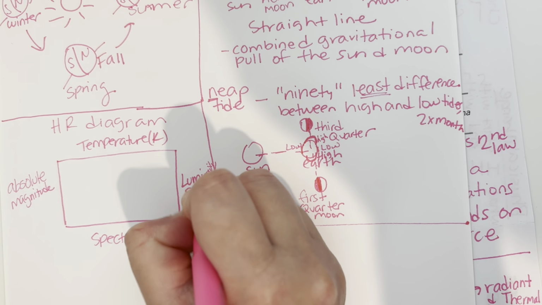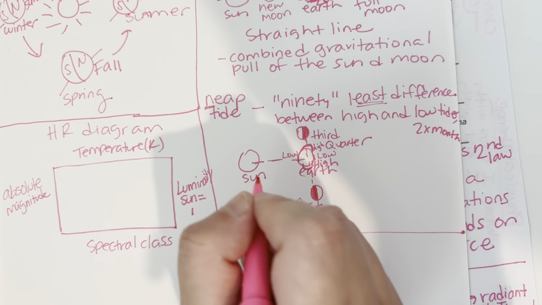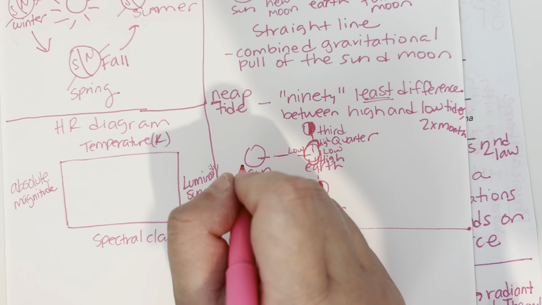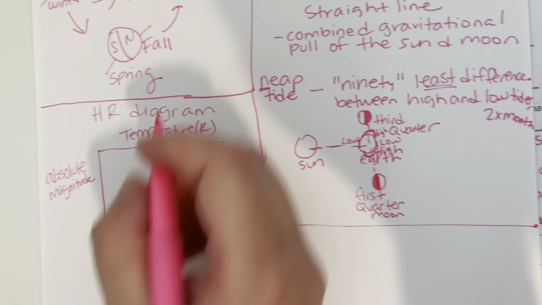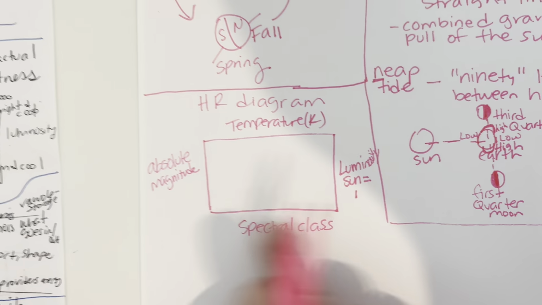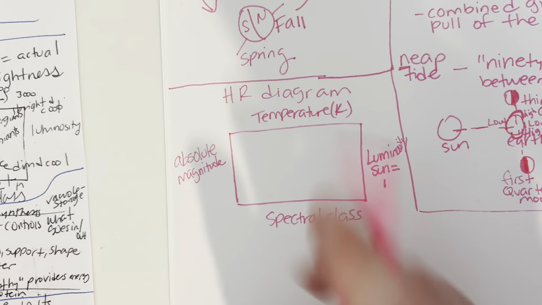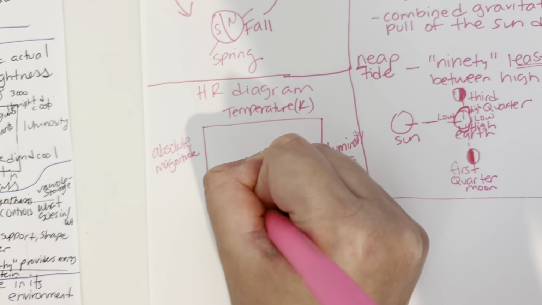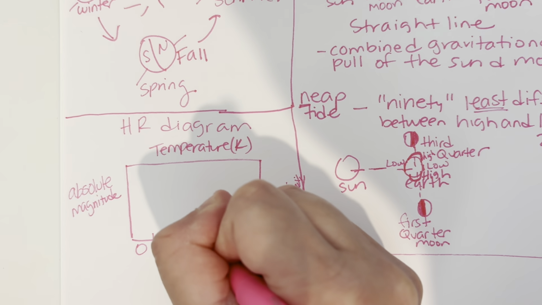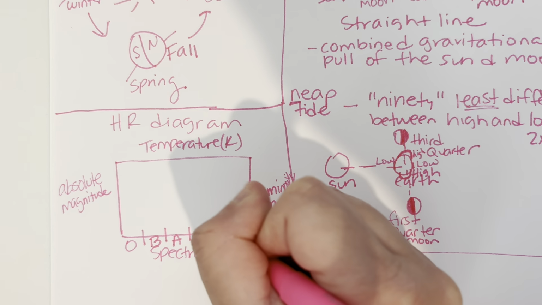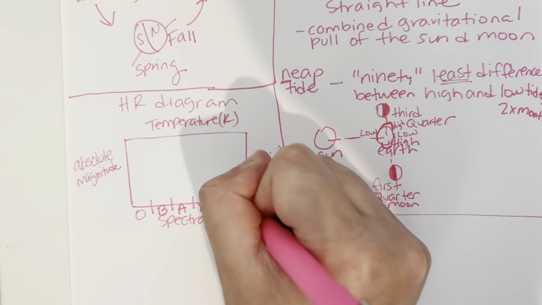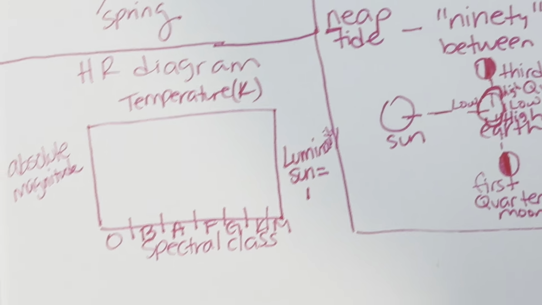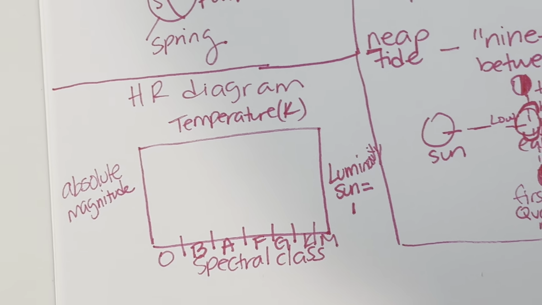And then the sun has a luminosity of 1. Now, for spectral class, it is going to be letters, right? So I'm going to write them here. You do not have to write these letters down. You can if you want, but it's not something that you're going to have to memorize.